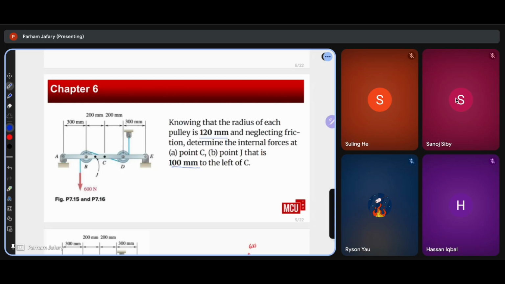So for part A, we need to cut the beam at point C, and for part B, we need to cut the beam at point J. Okay? So that is the general roadmap.